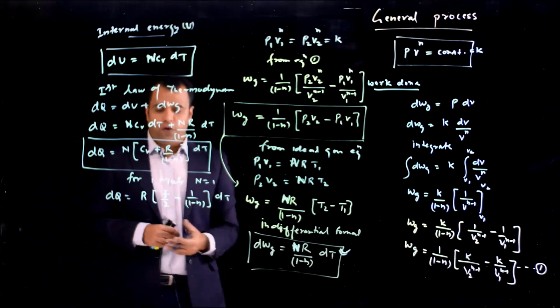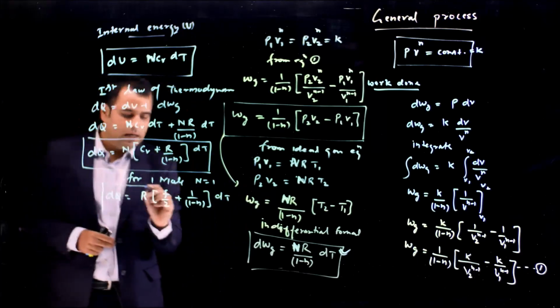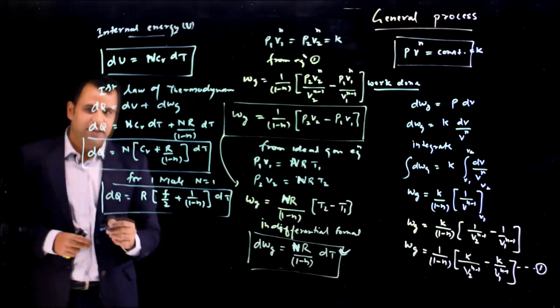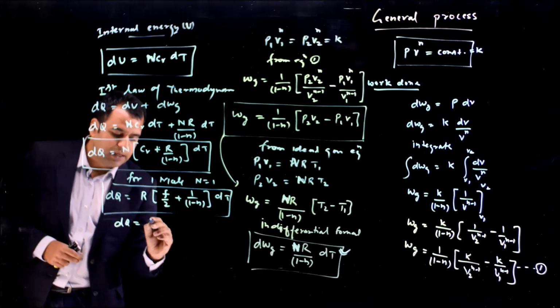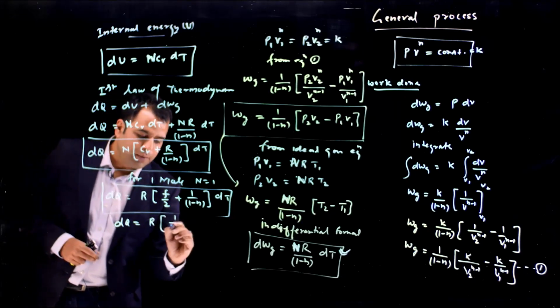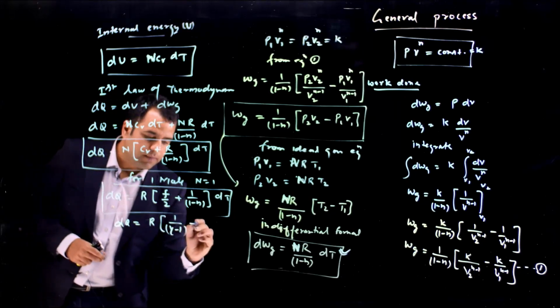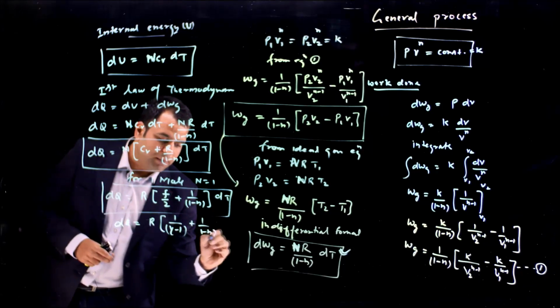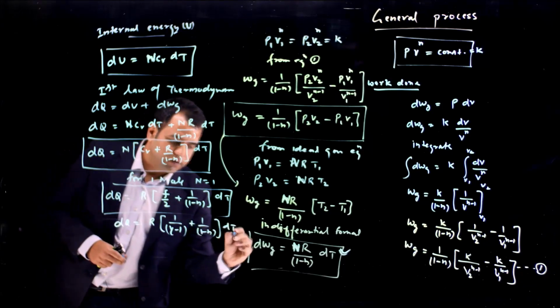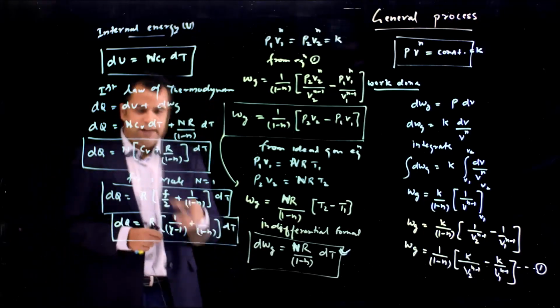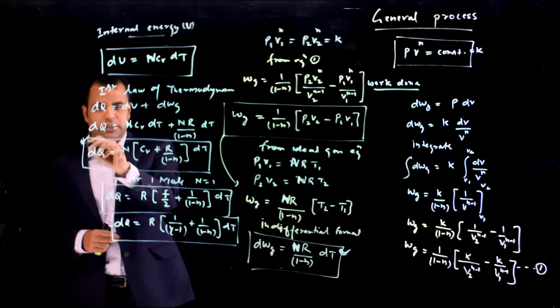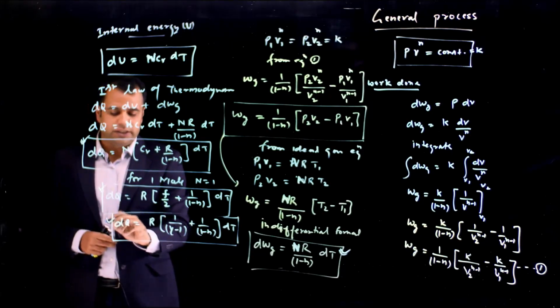And if we want our formula in terms of gamma, I can rewrite this equation as R times (1 upon gamma minus 1 plus 1 upon 1 minus n) times dT. Any one of the equations you can use. Either you can use this one, or this one, or this one.